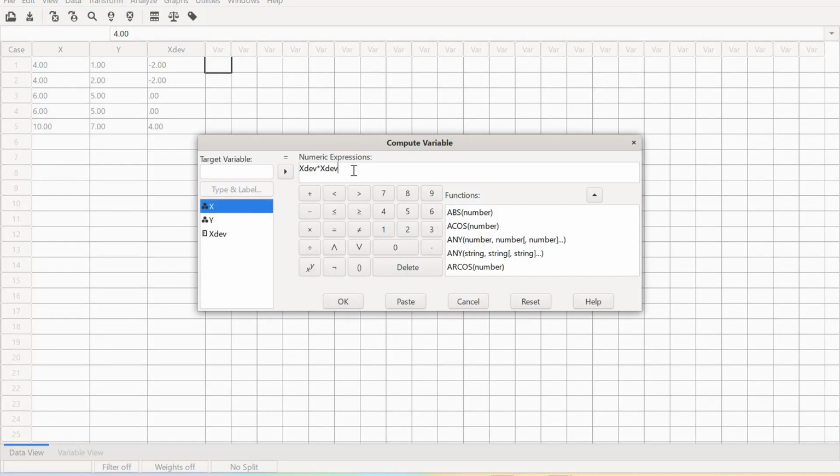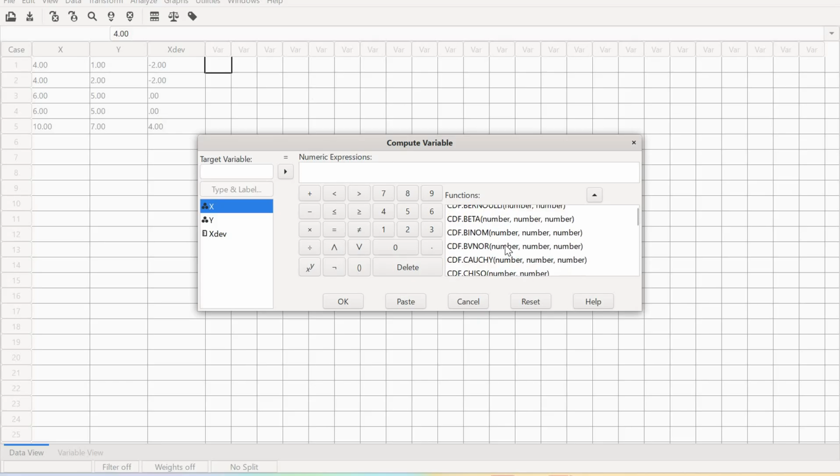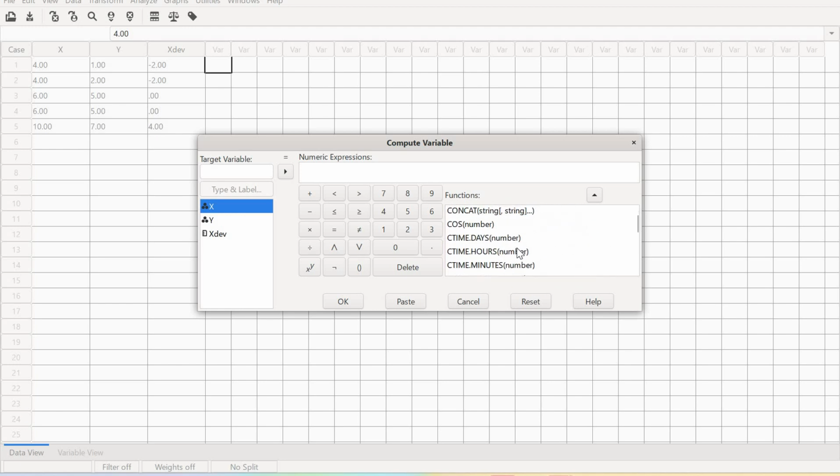Compute. Do I have a function called square? Square it.